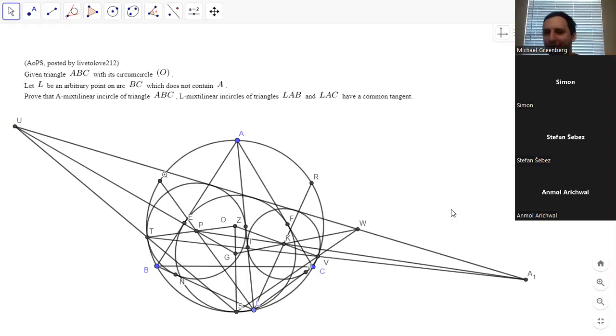So in this case, you could prove it by Monge or Desargues. They're like 2 different ways of doing it. Monge and Desargues are equivalent, at least for this problem.